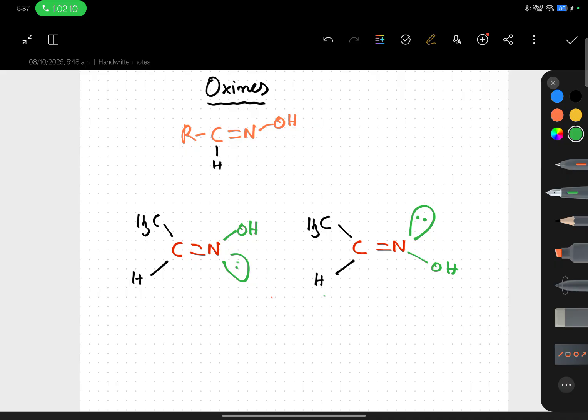If methyl and OH are on the same side, or hydrogen and OH are on the same side, we call it the syn isomer. If the H and OH are in the opposite direction, we call it the anti-isomer.